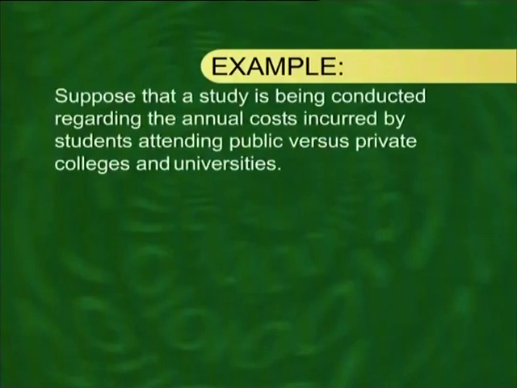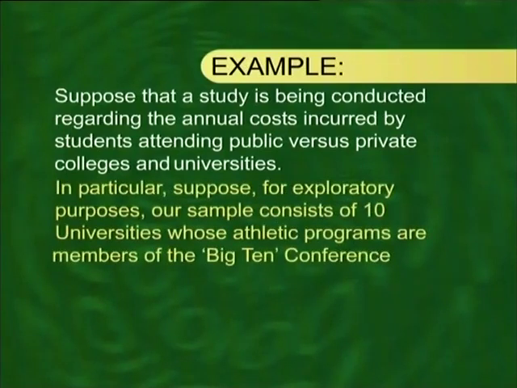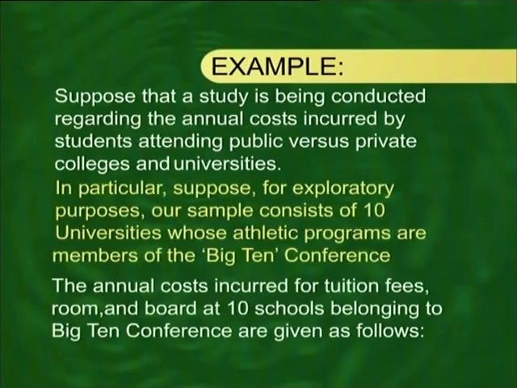As you see on the screen, if we have data regarding the annual costs incurred by students attending public versus private colleges and universities in the United States of America, and in particular, supposing that our sample consists of 10 universities whose athletic programs are members of the Big Ten Conference, and the annual costs incurred for tuition fee, room, and board at the 10 schools belonging to Big Ten Conference are given as follows.